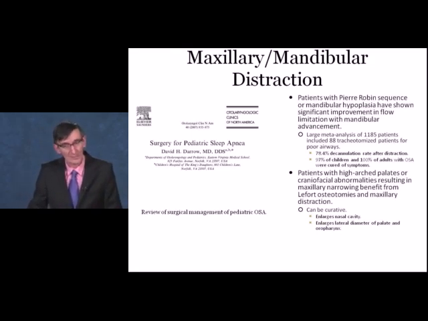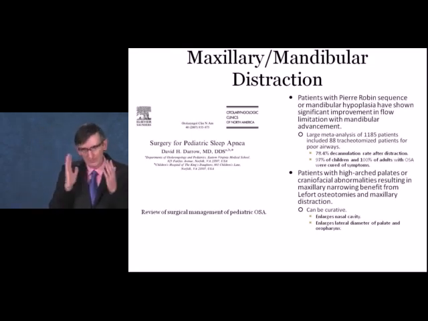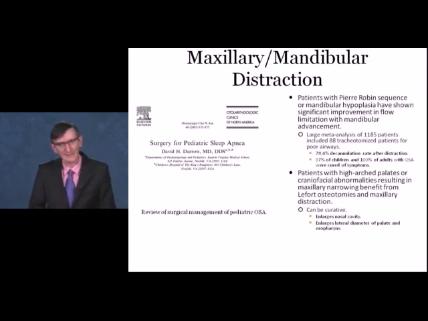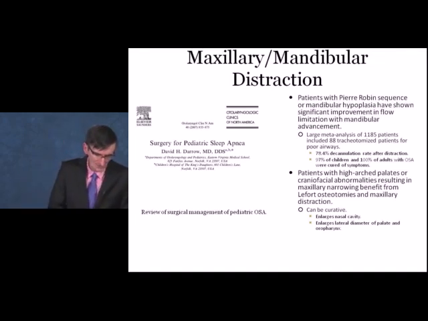These kids can have very severe airway obstruction and have to have a tracheostomy, and with distraction forward, they found that there was a very good improvement. 74% were decannulated, and 100% of adults were cured of the symptoms. So what we're seeing is a more progression into the surgical.